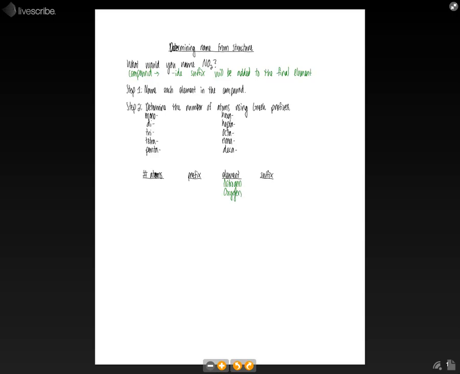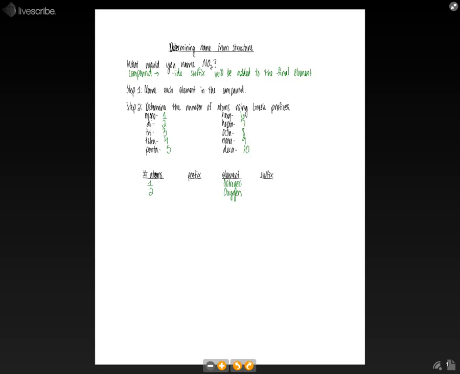And then the next step is going to be to determine the number of atoms using our Greek prefixes, which we know mono is 1, di is 2, tri is 3, tetra is 4, penta is 5, hexa is 6, hepta is 7, octa is 8, nona is 9, and deca is 10. And so using these prefixes, we can see that we have one nitrogen atom and we have 2 oxygen atoms.